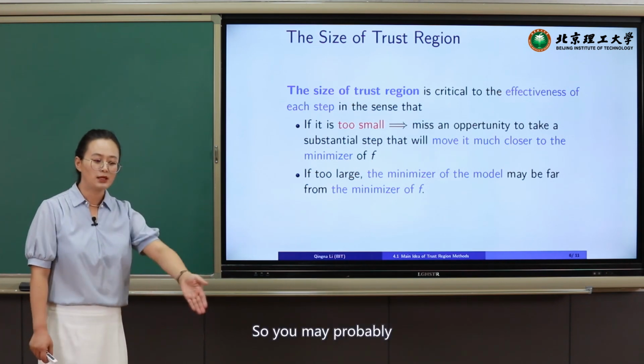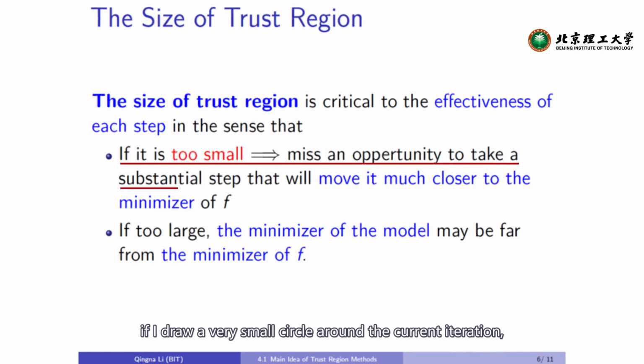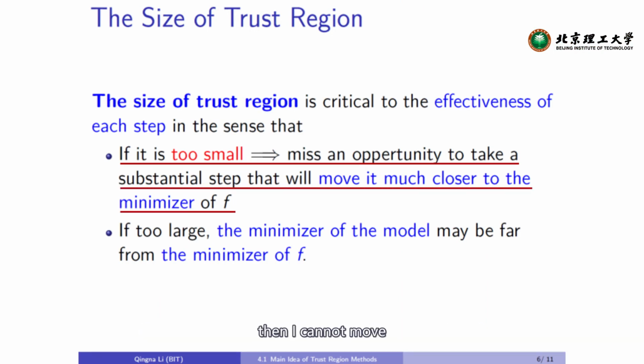You may find that if I draw a very small circle around the current iteration, then I cannot move very far from the current iteration. This will slow down the iteration process. Therefore, we cannot afford the trust region to be too small.